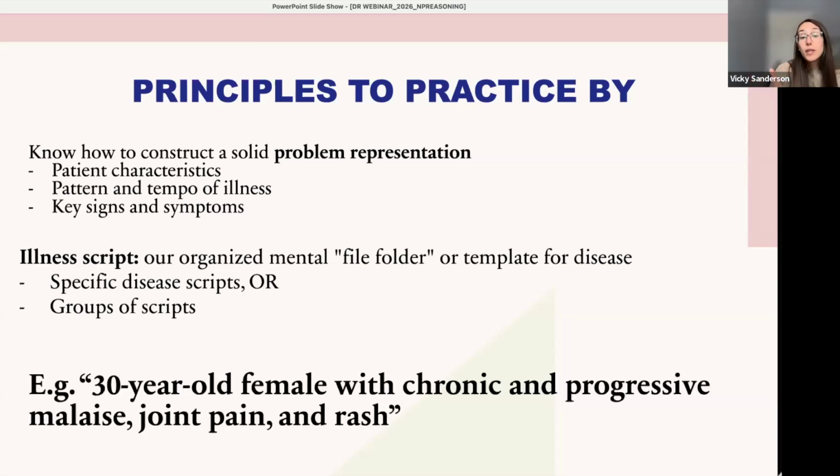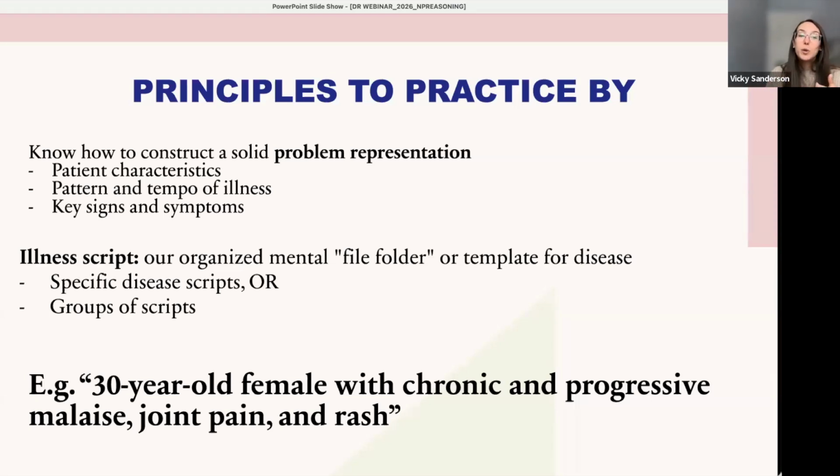So take this problem representation, for example: a 30-year-old female with chronic and progressive malaise, joint pain, and rash. For a lot of us, that likely triggers a group of illness scripts for autoimmune or rheumatologic diseases. This could be lupus or rheumatoid arthritis or maybe psoriatic arthritis.